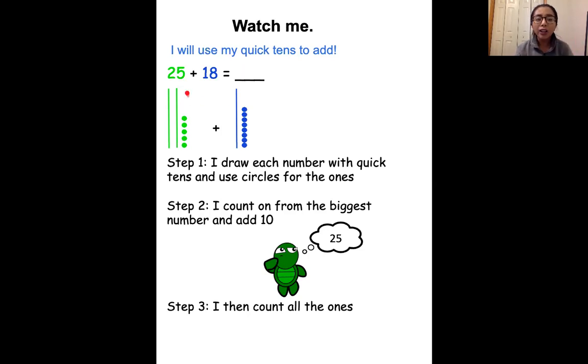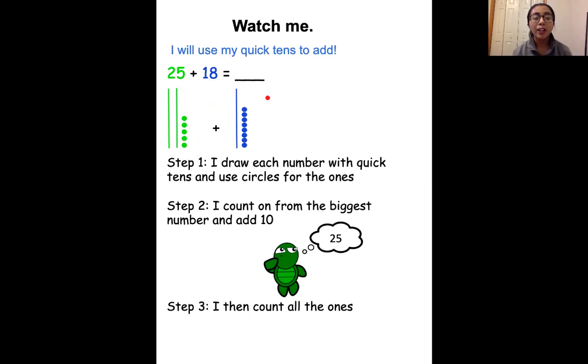I counted on, so I put the biggest number in my head, 25. And then I said 35. And remember, we know how to add a 10 super quickly now. 35, 36, 37, 38, 39, 40, 41, 42, 43. I got my answer, 43.